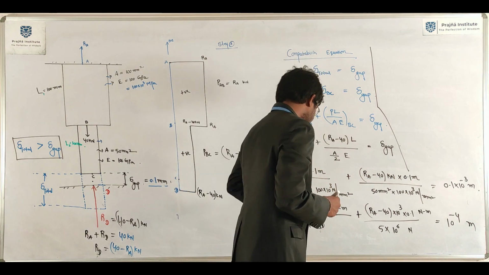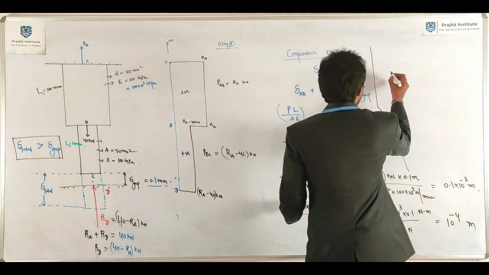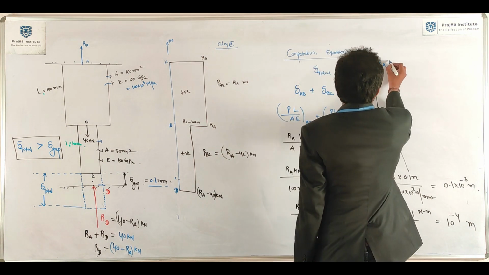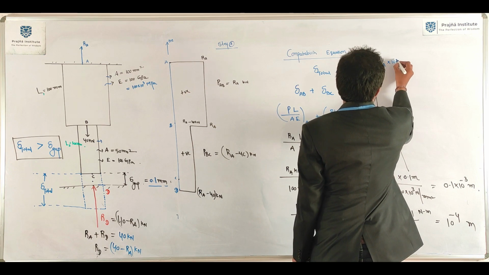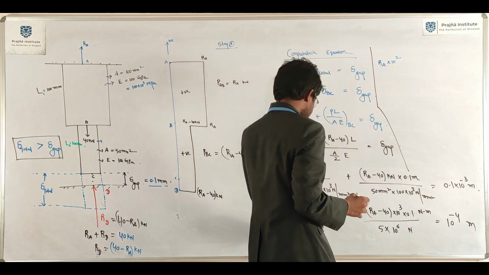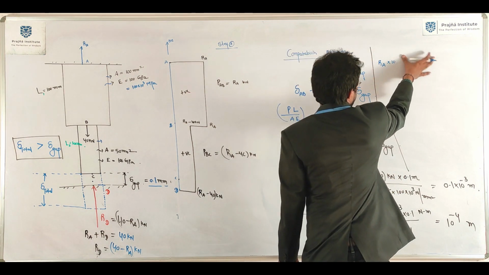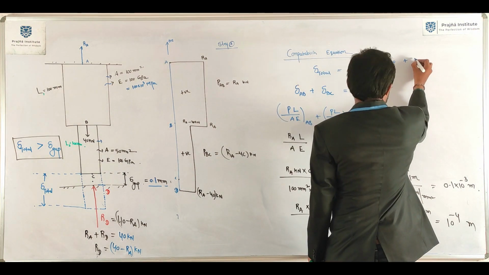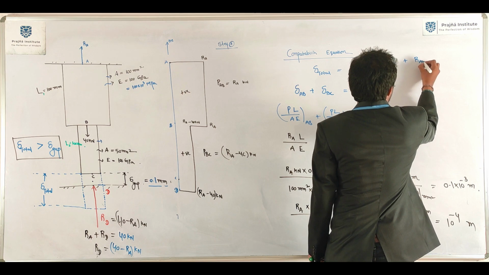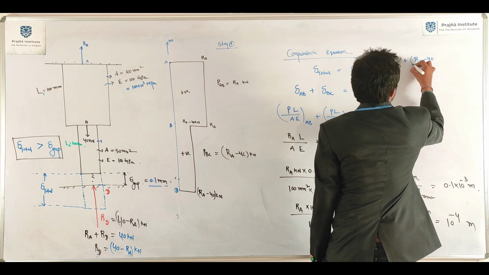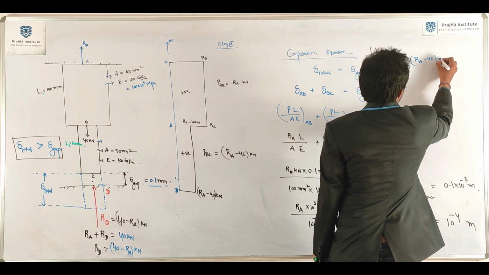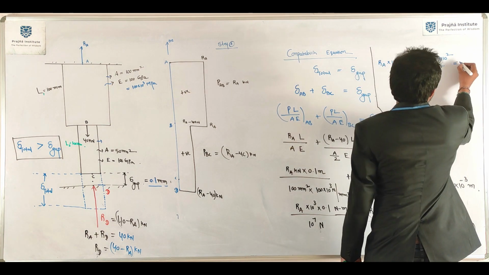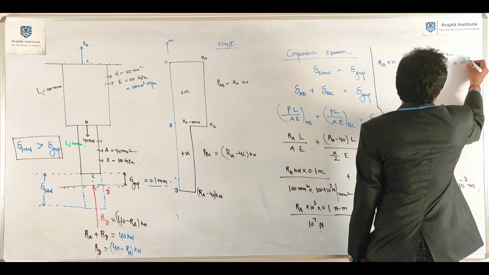Here RA into 10 square, you will get 10 power 6, plus RA minus 40 into 10 square by 5, equals 10 power 6 going to that side.